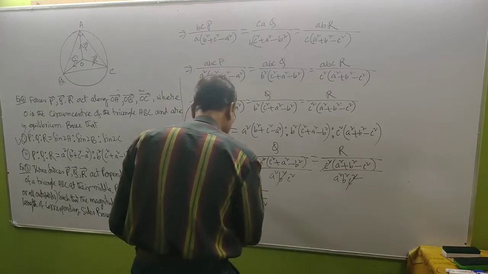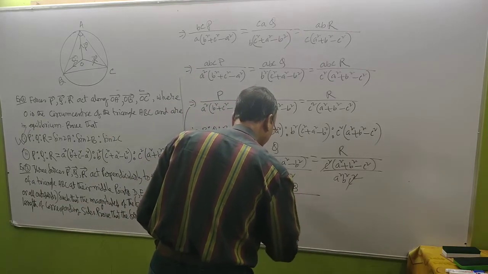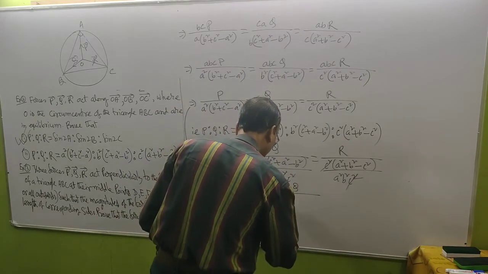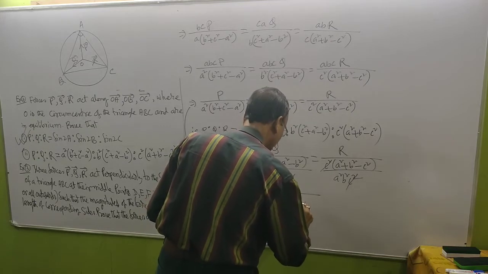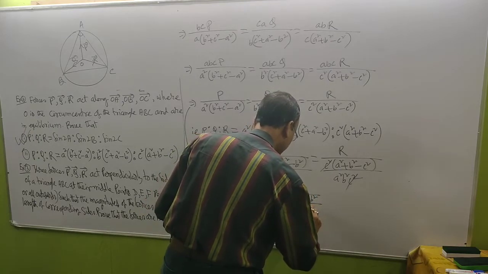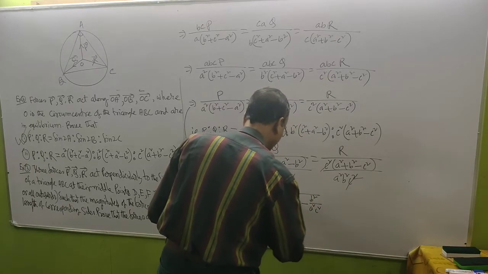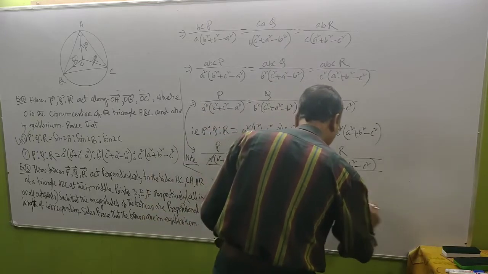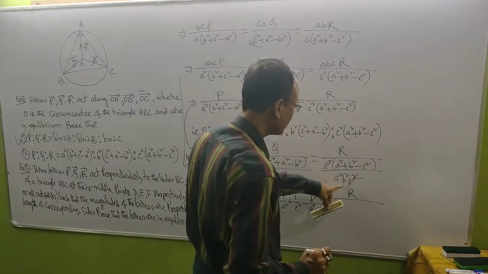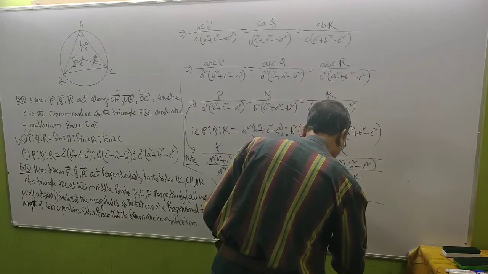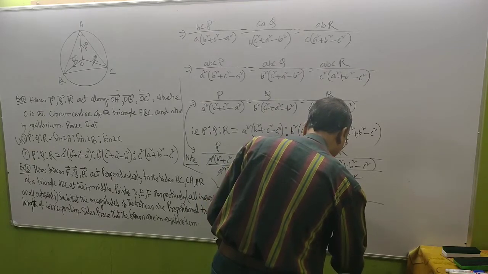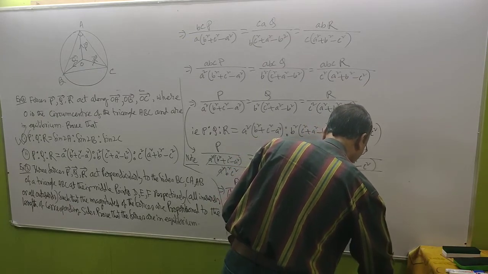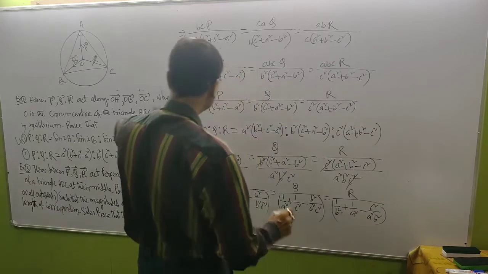This is equal to q divided by, this c square will be cancelled, 1 by a square plus 1 by c square minus b square by a square c square. Finally, a square by a square b square means 1 by b square, 1 by b square plus 1 by a square minus c square by a square b square. You may write like this also.